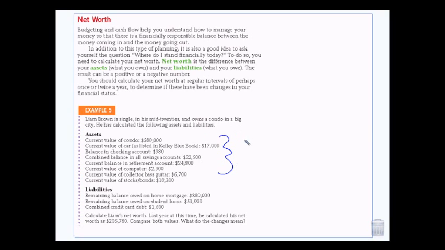Okay, so this person's assets, and then their liabilities, or debts.